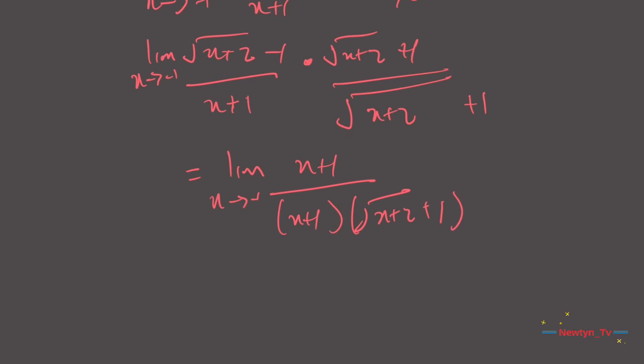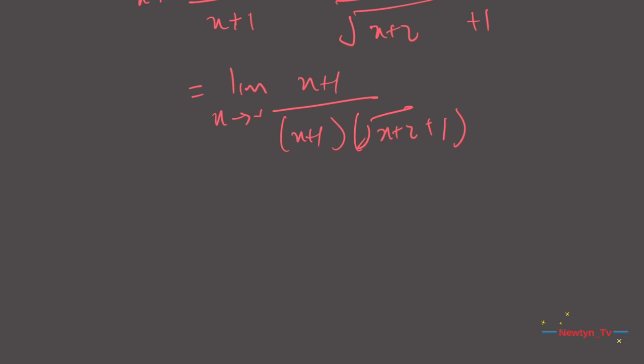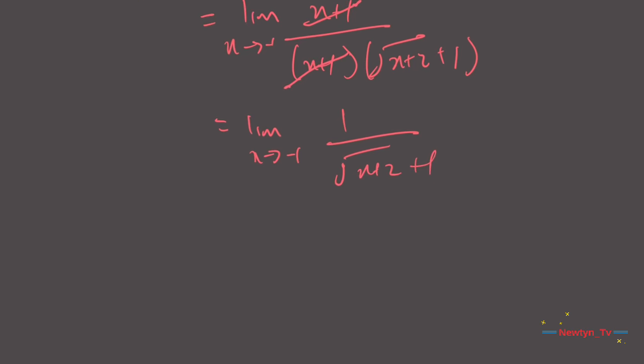Now the last step, which is step 3, is to cancel out. The x plus 1 will cancel the numerator, x plus 1. Then we have the limit as x approaches negative 1 of 1 over the root of x plus 2 plus 1.